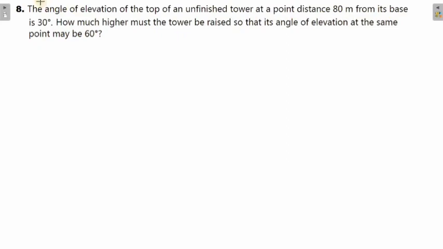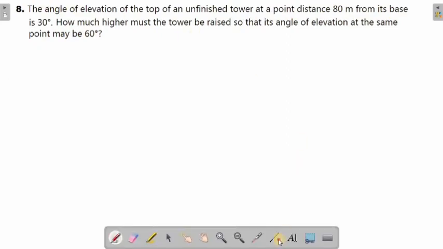Okay, so understand the situation here. Let me quickly draw the diagram for you. Let me take a ground here. There's an unfinished tower. Let's assume that the tower is completed till a point. Let me call the original length of the tower AB.